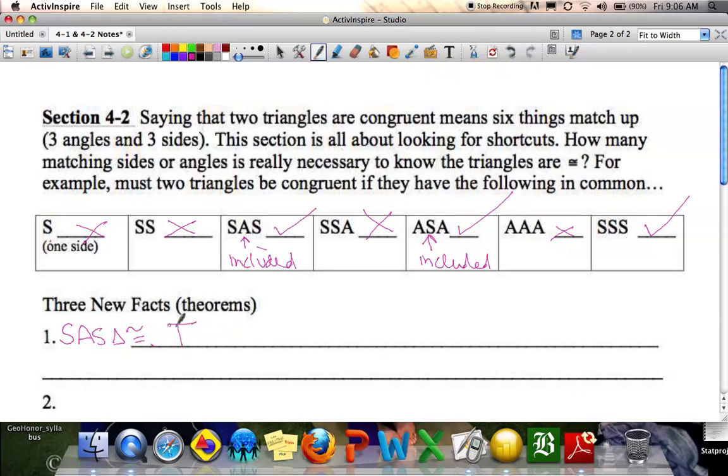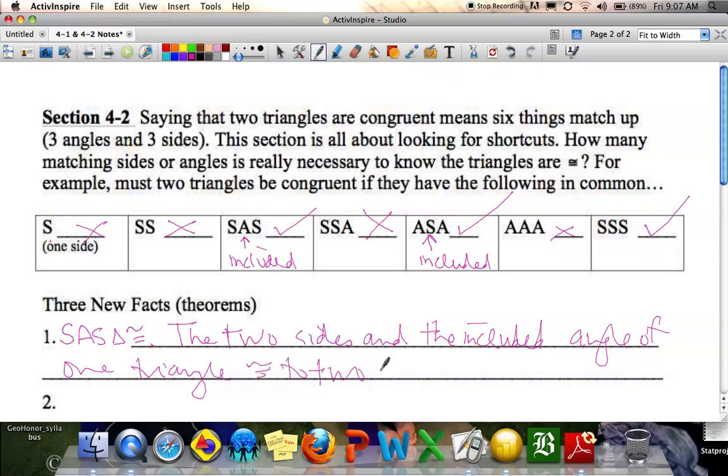If two sides and the included angle of one triangle are congruent to two sides and the included angle of another triangle, then the triangles are congruent. That will always hold true.